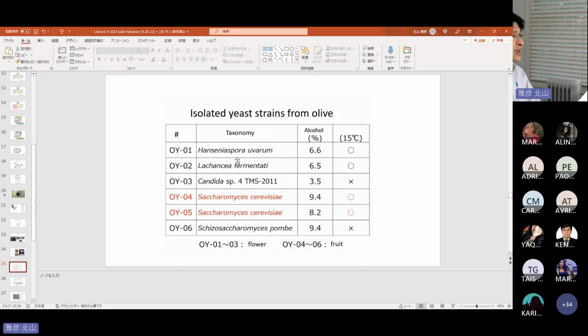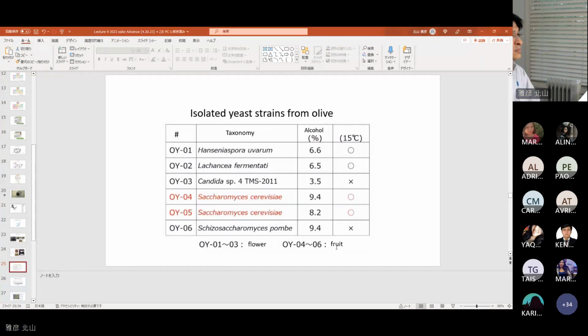These others are not Saccharomyces cerevisiae, such as Candida. These are names of taxonomy, and they were isolated from flowers or the olive plant. These were yeast strains isolated from the fruit of olive.